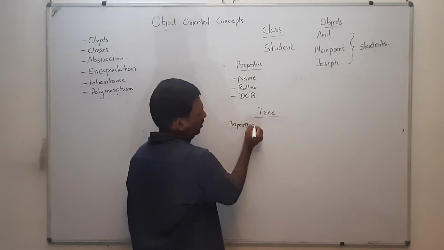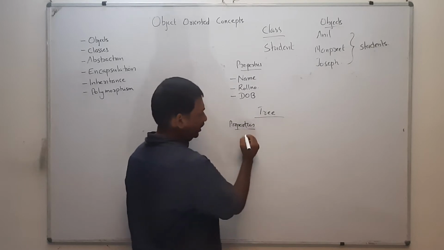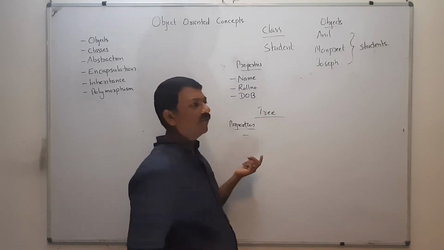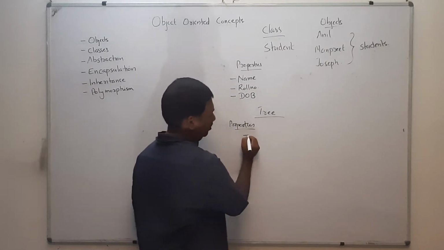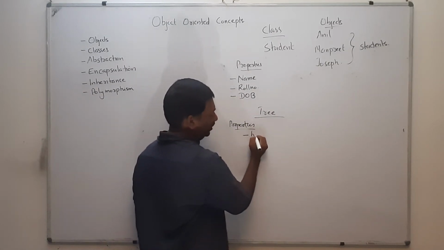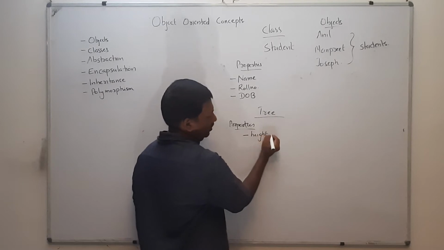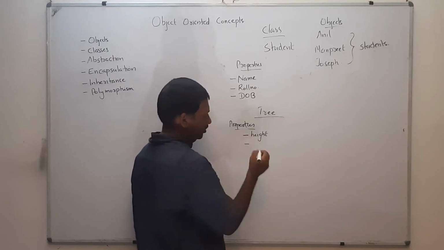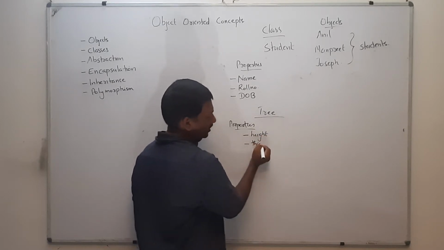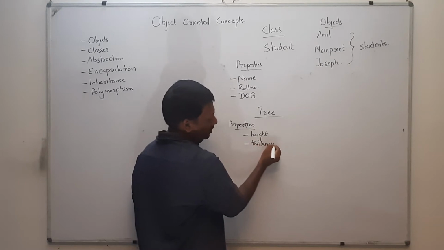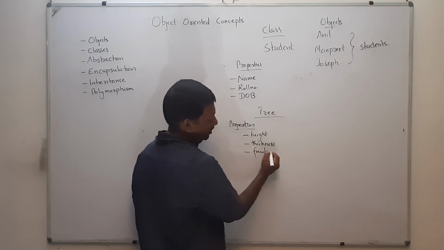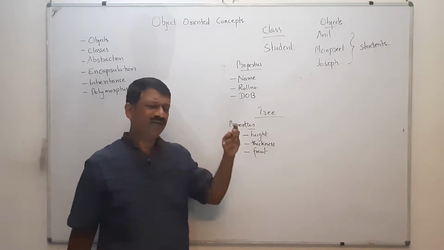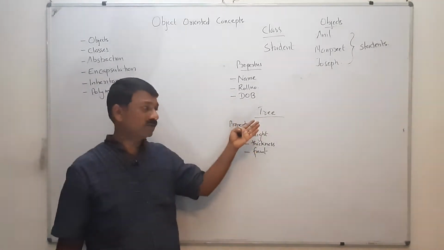Properties of tree. A tree can have different properties like, say, height of the tree, thickness, etc. Then whether it is giving fruit, etc. That means a number of properties are there for this tree.